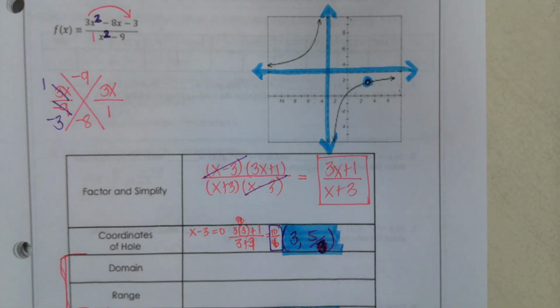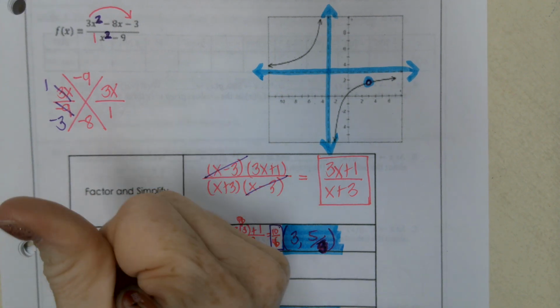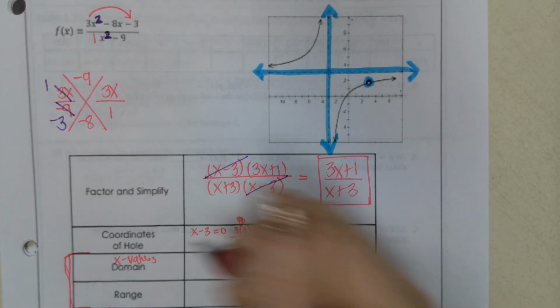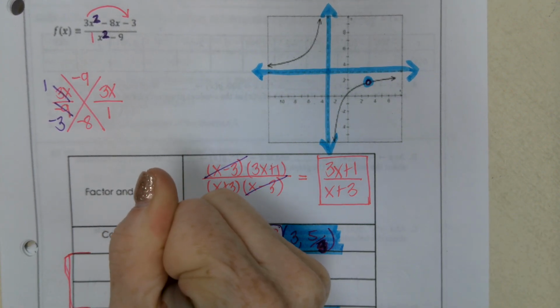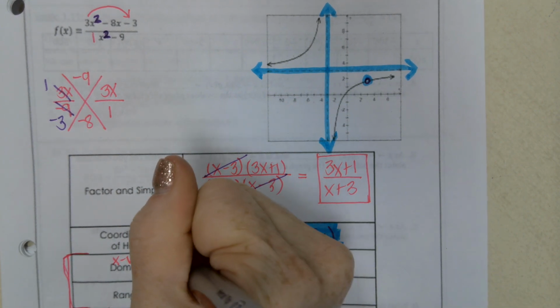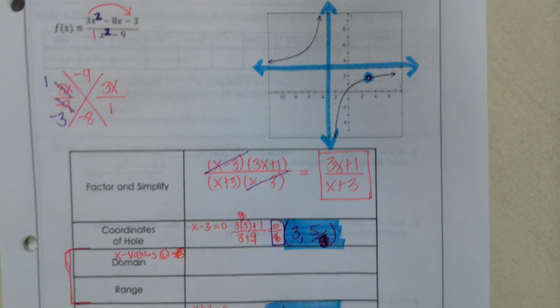All right. There are some things that are off limits. Okay? Right here, my domain, just a reminder, that's my X values. And I read those from left to right.